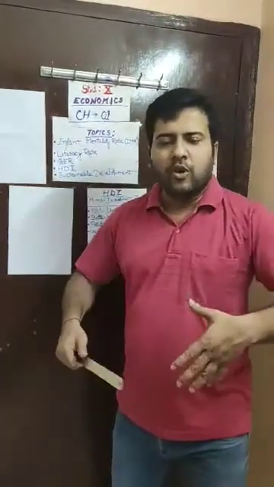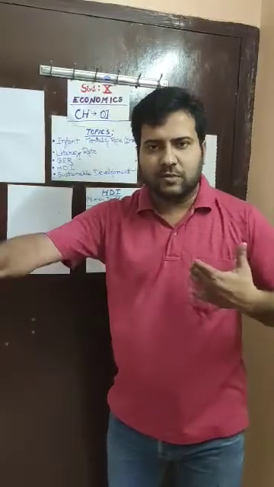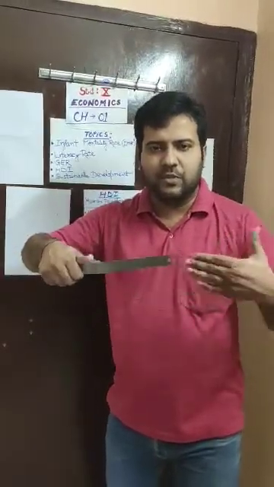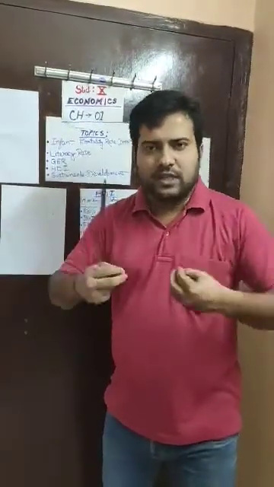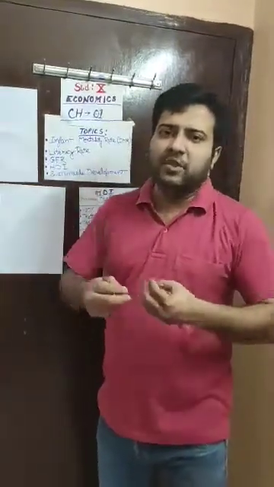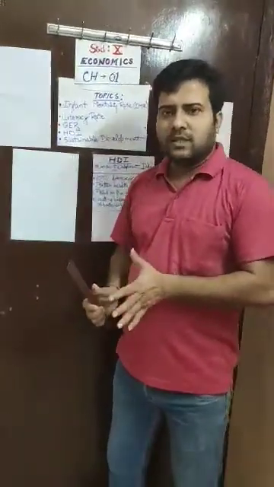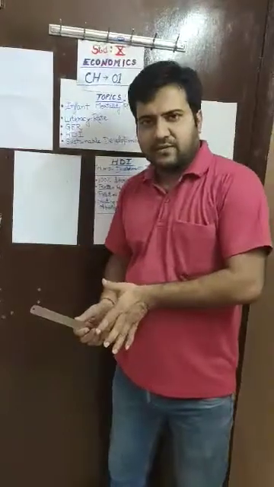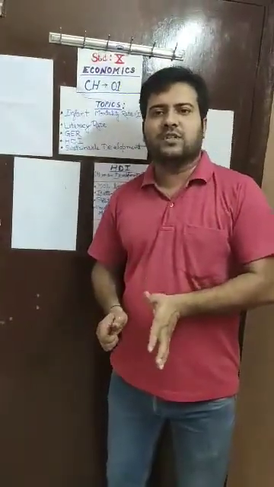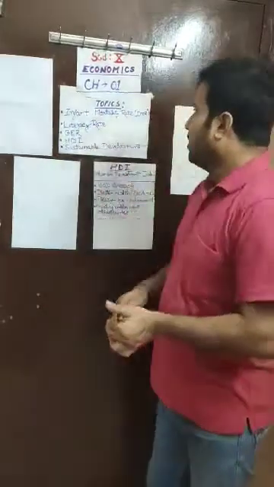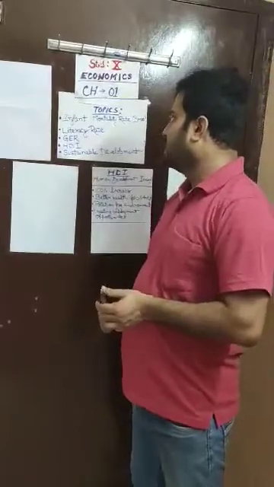That means if more and more among 1000 births, children between 0 to 2 years are dying, that clearly reflects the poor health infrastructure of that country. So this is about the infant mortality rate.